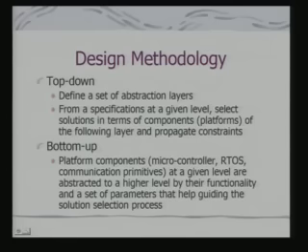Okay. When we are looking at the bottom up part of it, the platform components, which are microcontroller, RTOS, communication primitives at a given level, are abstracted to a higher level by their functionality and a set of parameters that help guide the solution selection process. Because these two things have to match.